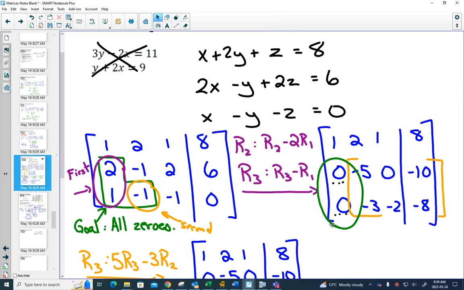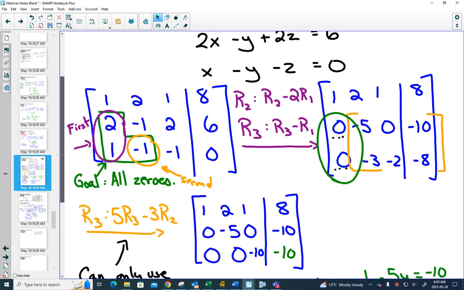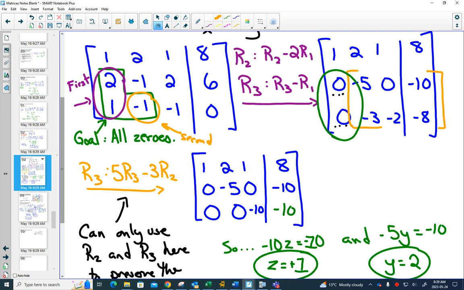And you could do 2 row operations at once to do that. And then we got this to be a 0 next. And from there, we could say, I know that negative 10z is 10, so I could find z. And then I could work backwards all the way and find y and then x.